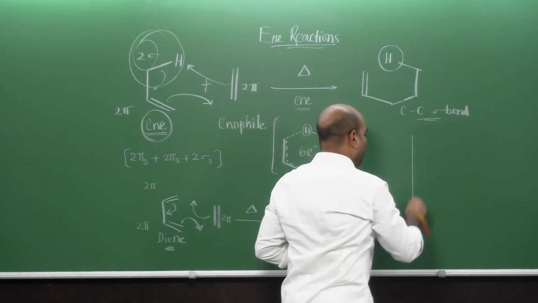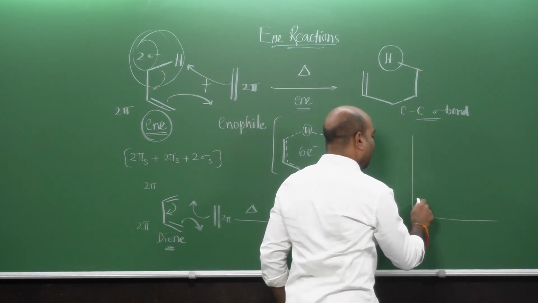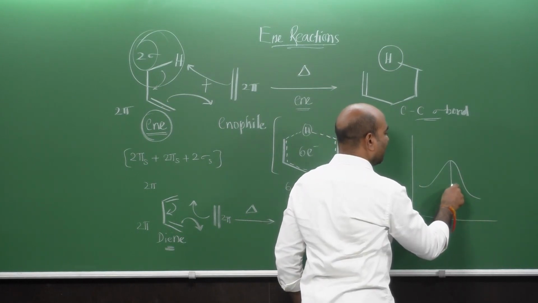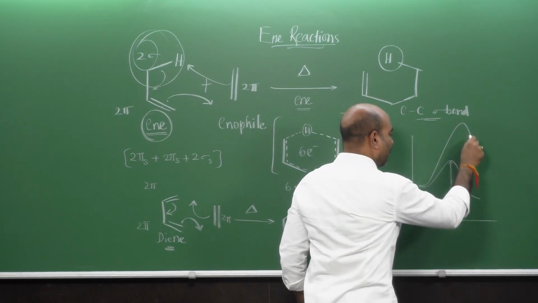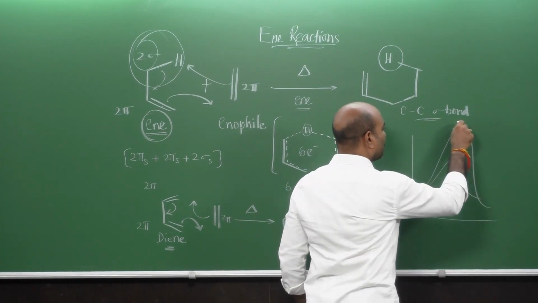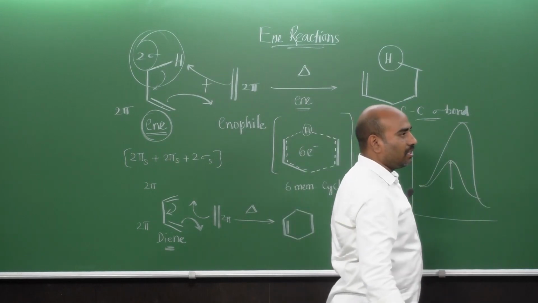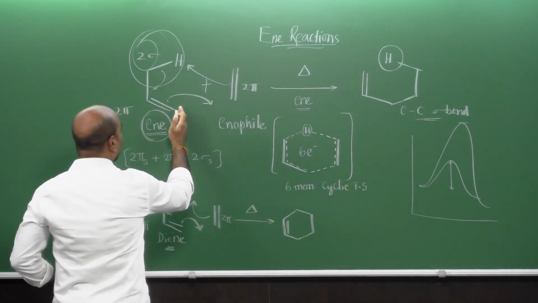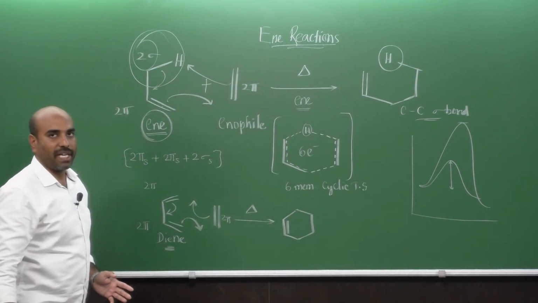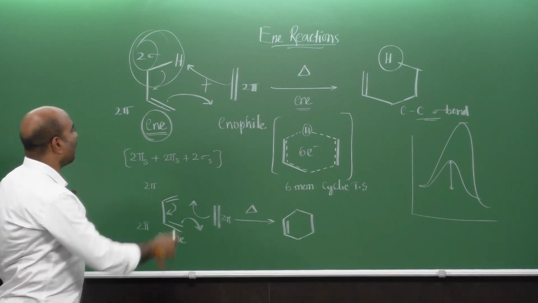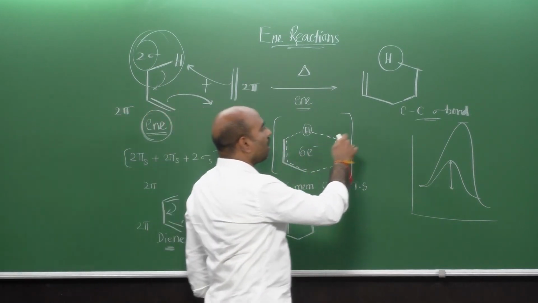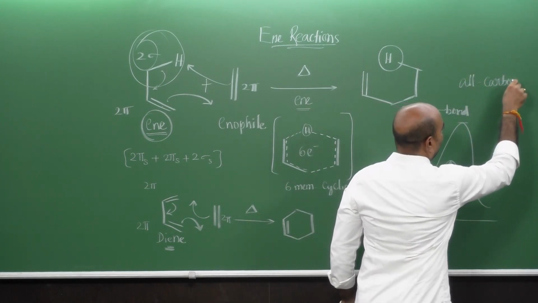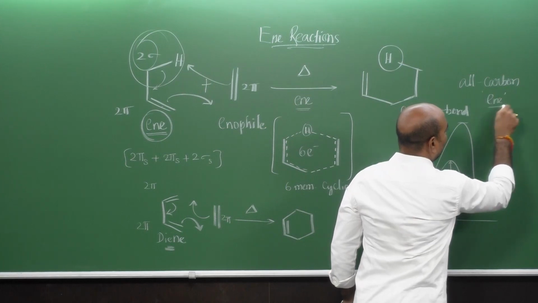For example, if this is the energy profile and the Diels-Alder reaction requires this much activation energy, the ene reaction would have this much activation energy. So, if all of the atoms involved in the ene component as well as the enophile component are carbon atoms only, you call this ene reaction an all carbon ene reaction, right.